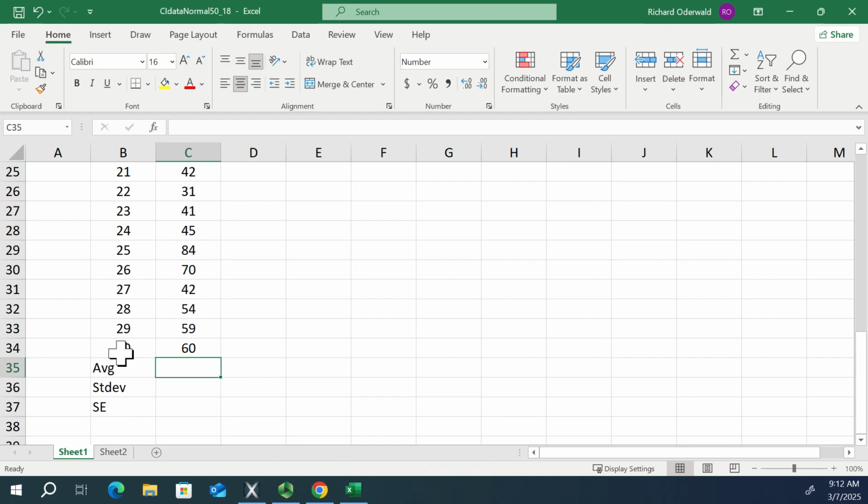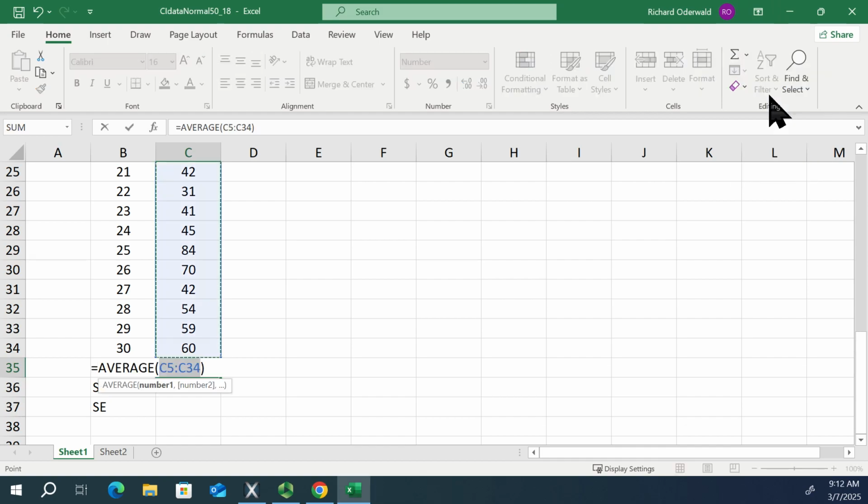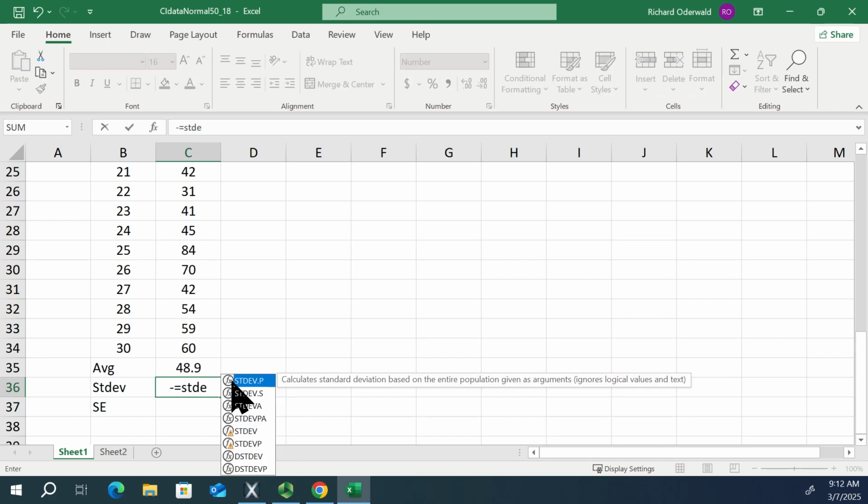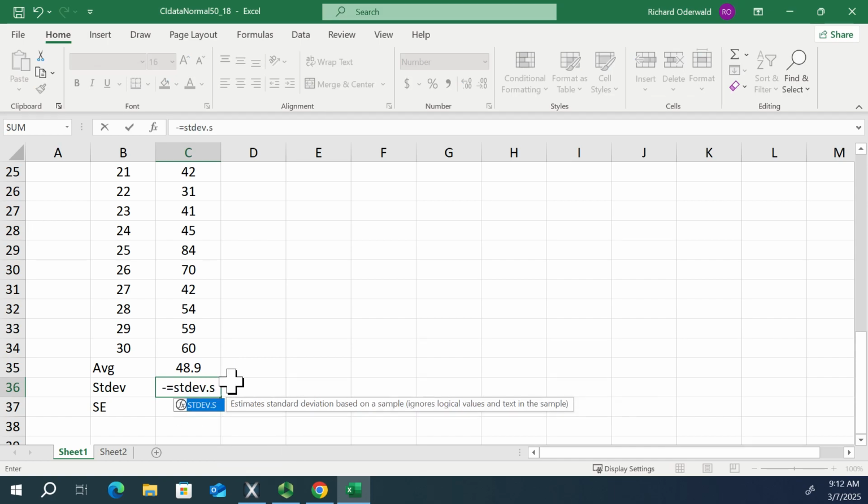So at the bottom, next to the average, use the automatic command or just type in average. And the average is 48.9, which is pretty close to what it should be. The standard deviation is equal STDEV.S.